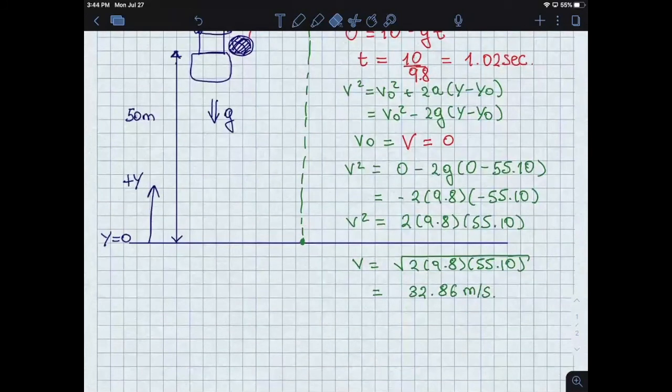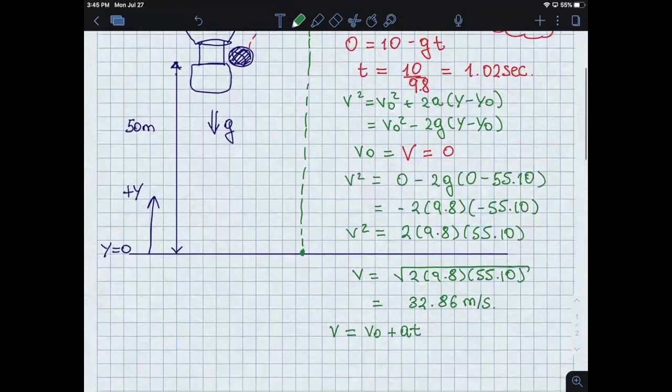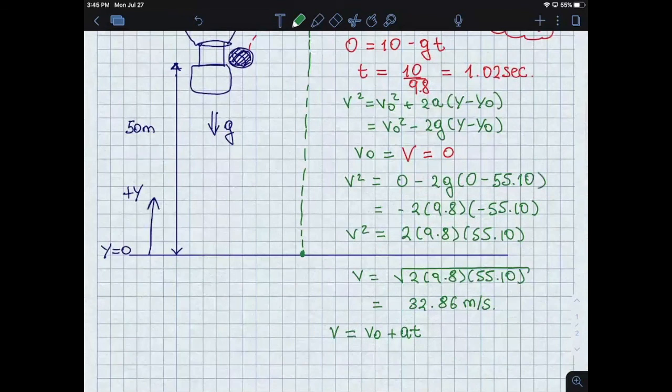To find the time in the green region, we do v equals v naught plus at. In the green region, the ball is going down, has velocity in the negative y direction, but also gravity is in the negative y direction. So this means that v and the acceleration have the same direction.